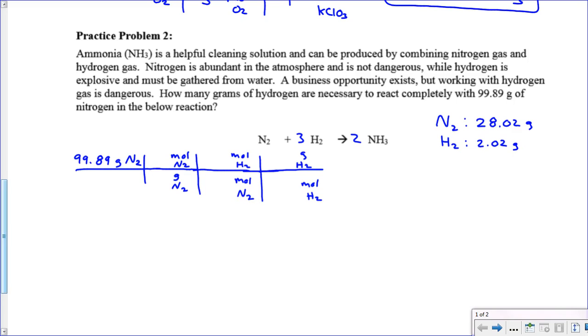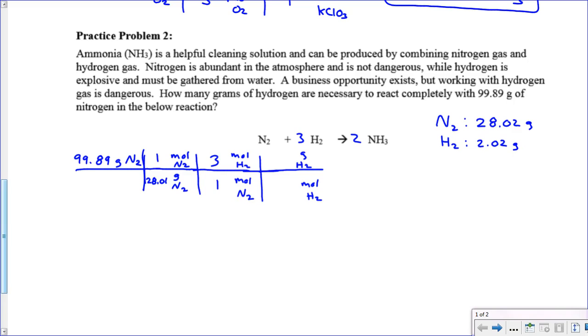Then we just need to write in the conversion factors. First one, grams to moles for N2, you're using the molar mass, 28.01 grams in 1 mole. Then we use the mole ratio. H2 has a 3 in front of it, so 3 moles H2, and N2 has a 1 in front of it as a coefficient in the balanced chemical equation.